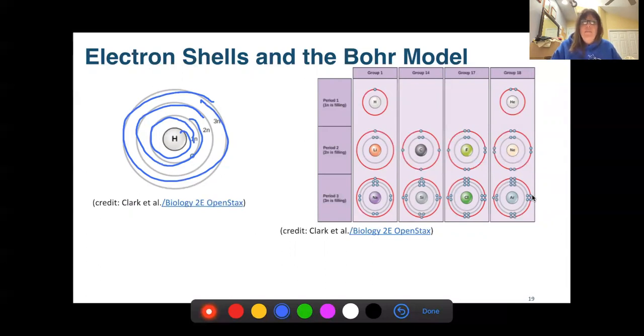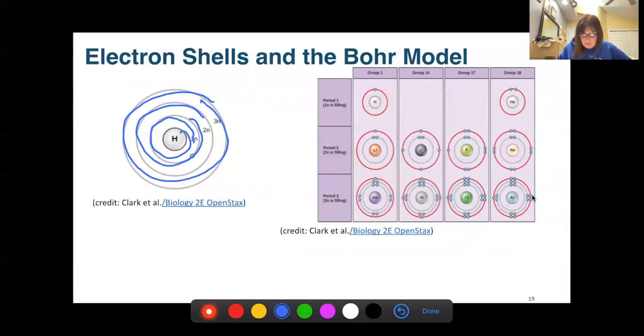And they're trying to maximize the distance between themselves and minimize the distance between them and the protons they're attracted to. Most of you are familiar with this Bohr model, where you did the rings and you did the 2, 8, 14, and I don't even remember the rest because it's so not useful.